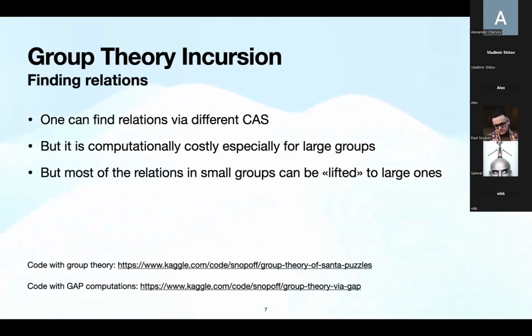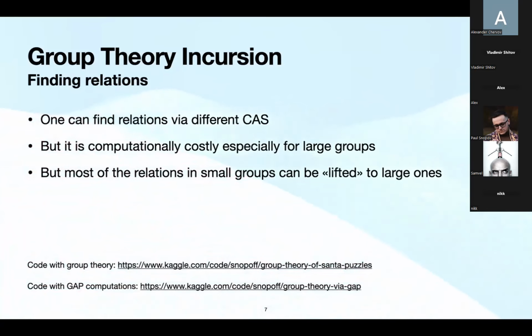It can be done with different computer algebra systems like SymPy in Python, or Sage, or GAP, or Magma. There are a lot of them. But as I said, it's very difficult to find all of them. It's computationally costly, especially for the larger groups. But sometimes most of the relations can be found in small groups.